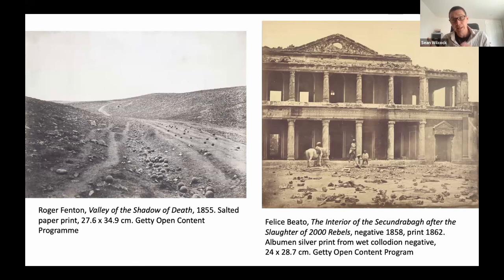As photographers moved to an Asian theatre of war, however, they grew increasingly comfortable with graphic levels of violence, as seen in this famous photograph from the Indian uprising on the right. And we'll return to this photograph and some of the reasons why there was this increase in violent content in photographs later on in the talk.